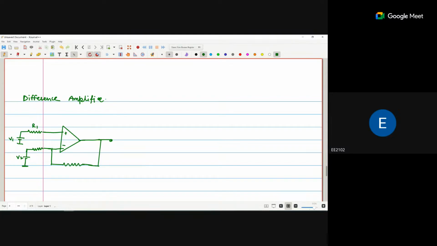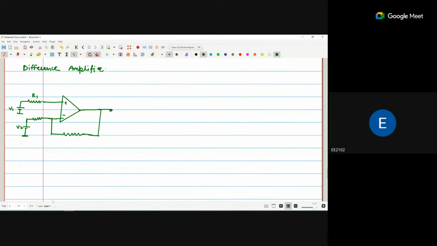Okay, so if we solve directly, again the feedback is negative. So this point voltage is VA, this one is VB.